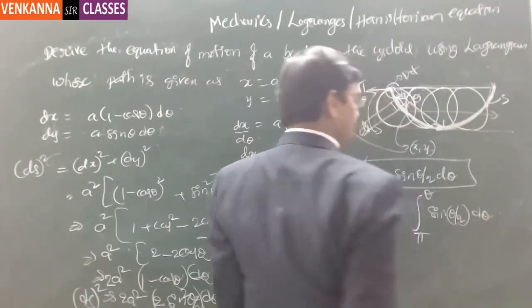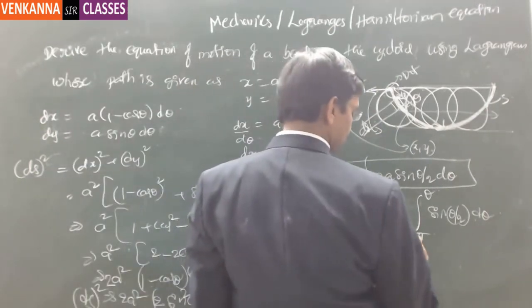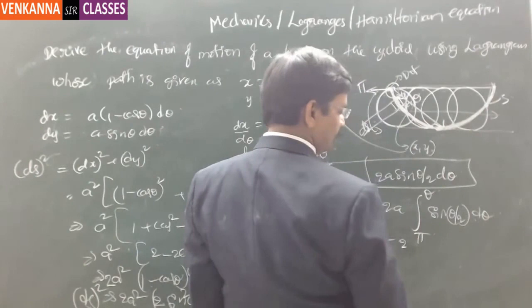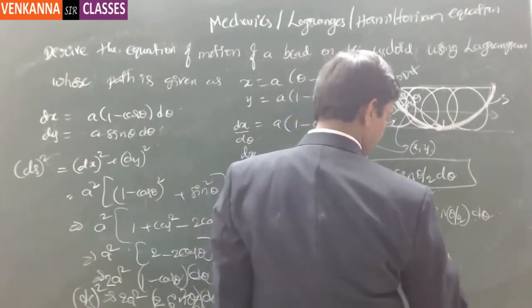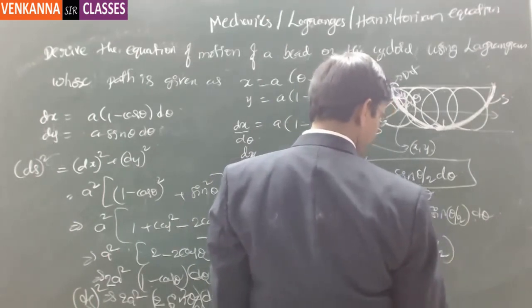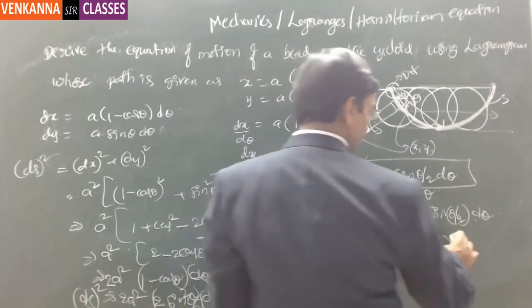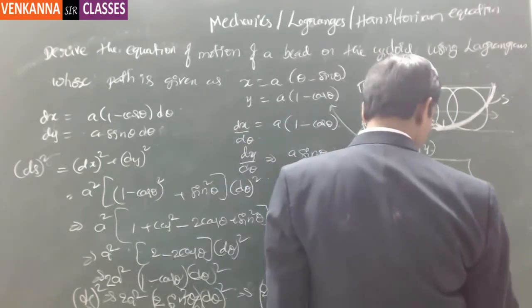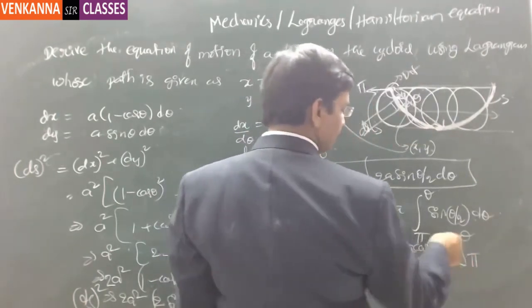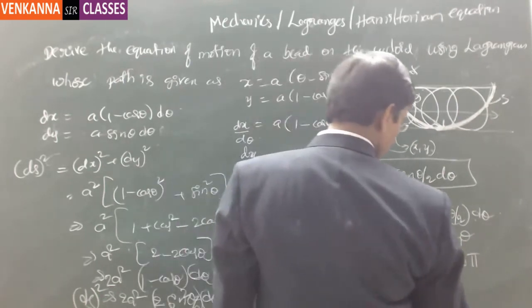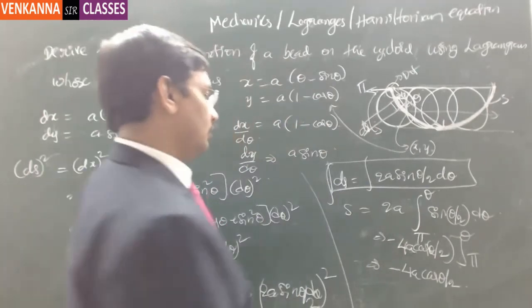So the integral of sin theta is minus cos theta. So this is minus 2a cos theta by 2 divided by 1 by 2. So this will be minus 4a cos theta by 2. Upper limit is theta, lower limit is pi. Now this value is minus 4a times, theta is substituted in cos theta by 2 and the lower limit is pi by 2, cos of pi by 2 will become 0, so we can ignore that.